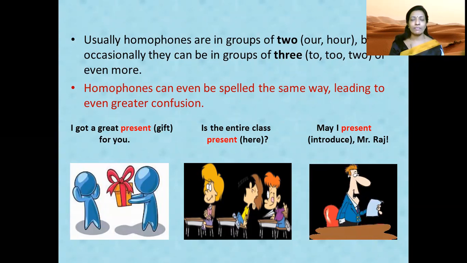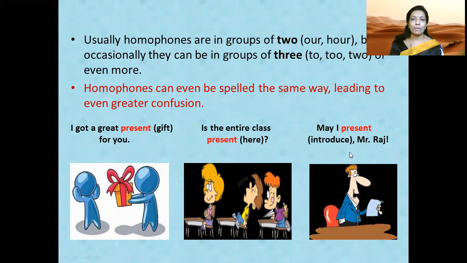In this sentence, the word present means a gift. The second image is accompanied with another sentence which reads, is the entire class present here? So, the word present means that are you present right there at that moment?